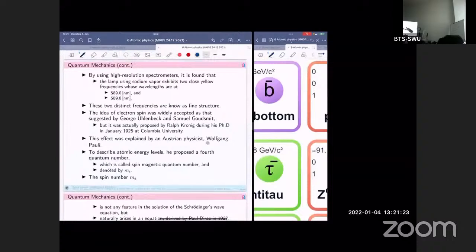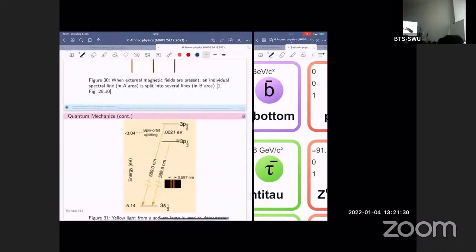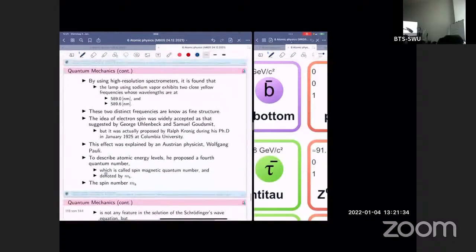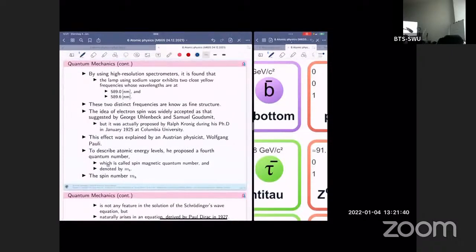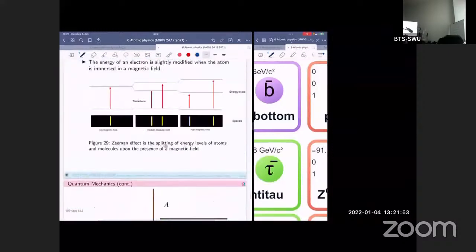This effect was explained by Wolfgang Pauli to describe the splitting of the energy levels here. This fourth quantum number is called the spin magnetic quantum number, or simply speaking, spin number. What is the difference then?